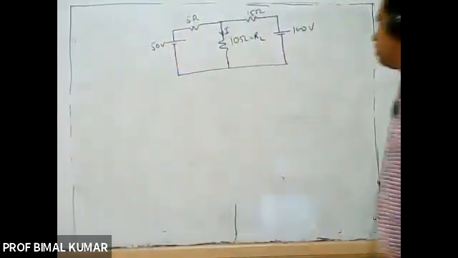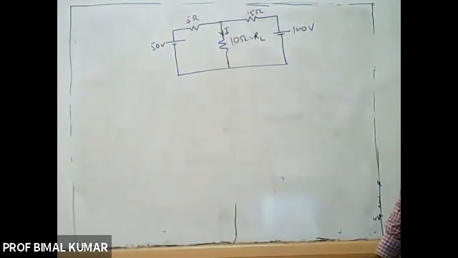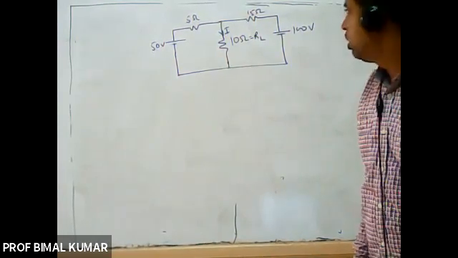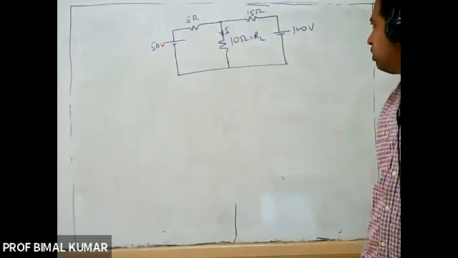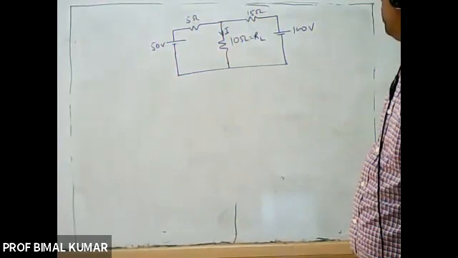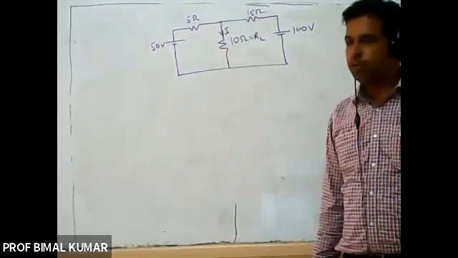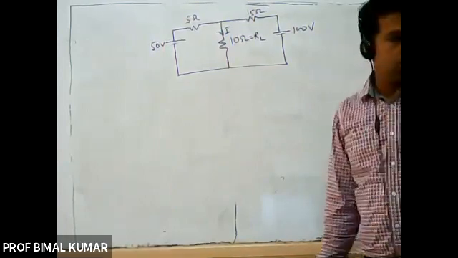In this case, this is your RL, because the question is by using Thevenin theorem, calculate the current in 10 ohm resistance. Right? We will follow the same steps and calculate that required value of the current.